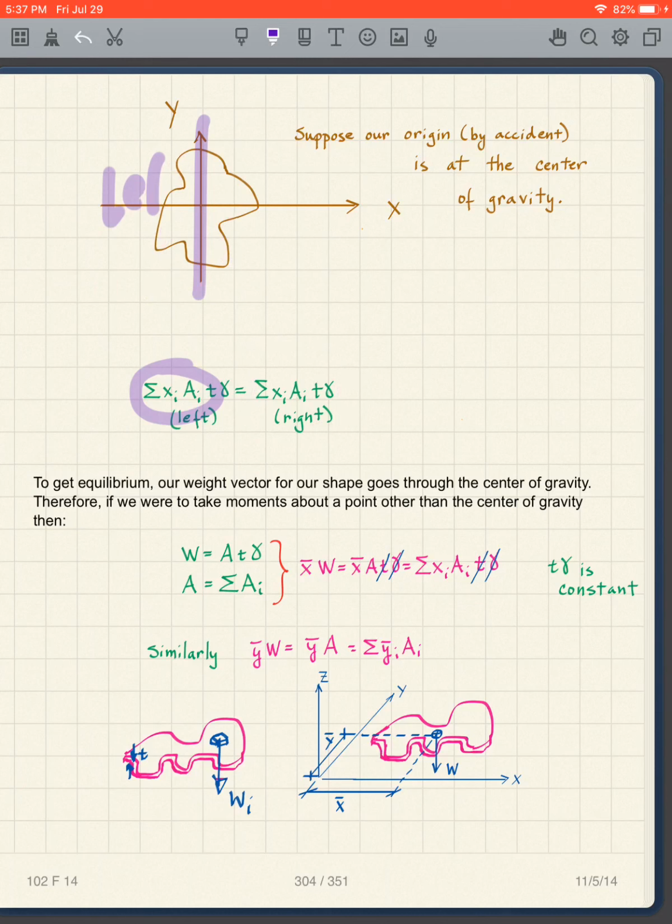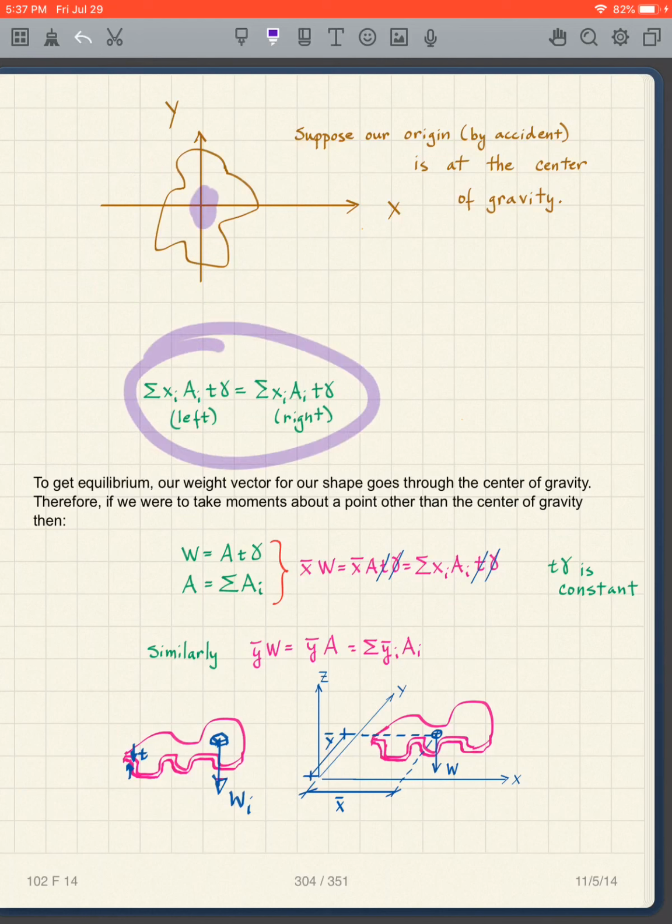Hard for me to show because it's not in 3 dimensions. But now, and so therefore if I find where this occurs, then I know I found the centroid.